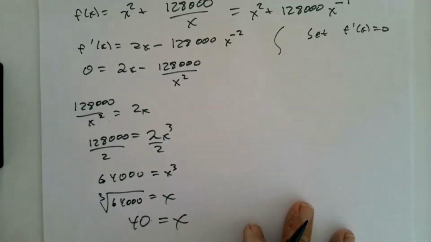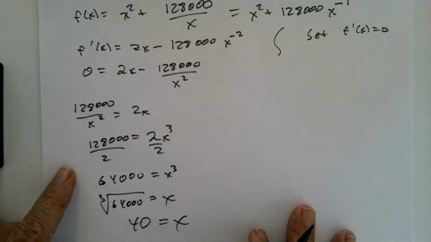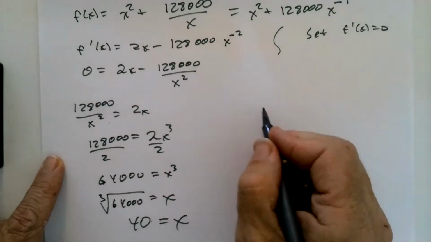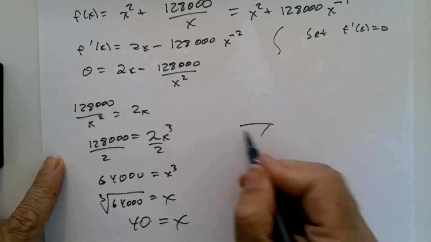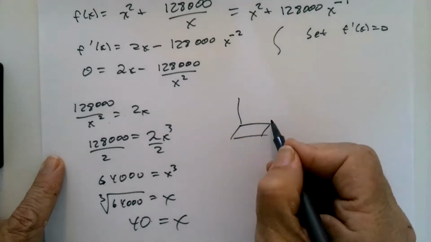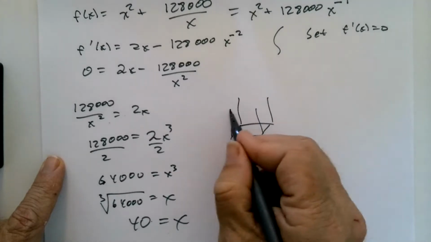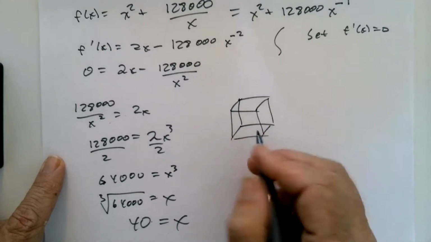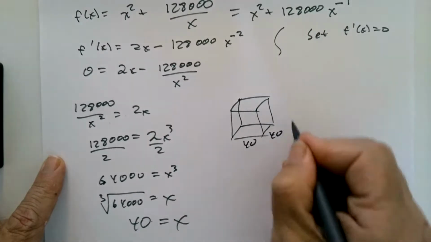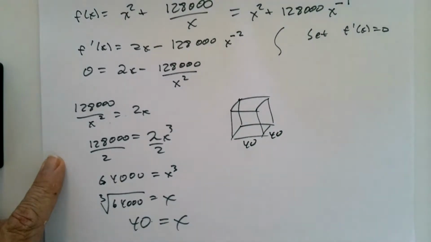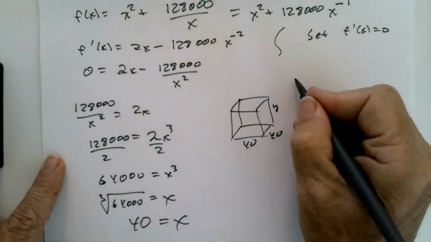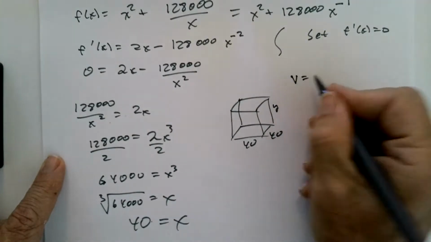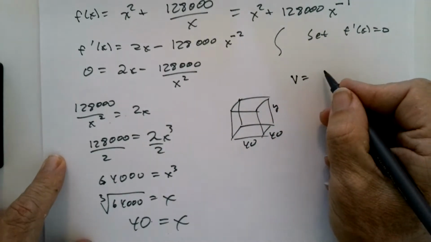So if you remember, what did our original thing look like? What did we have? We had a square base. So this is 40 and this is 40. And this last part was y, but our total volume was 32,000.